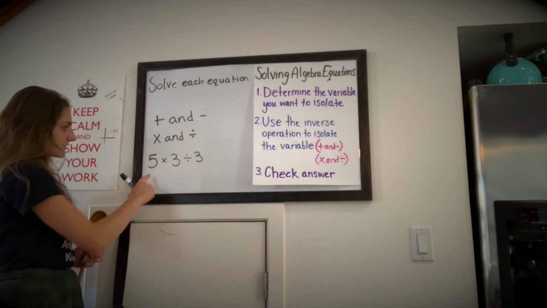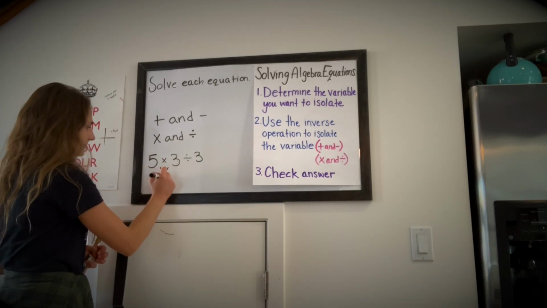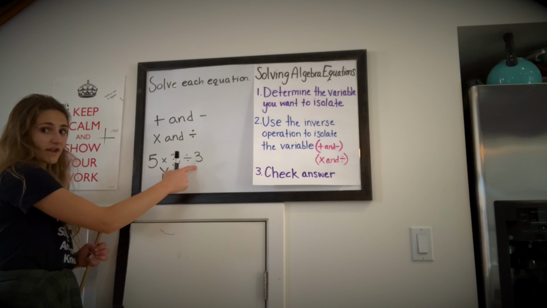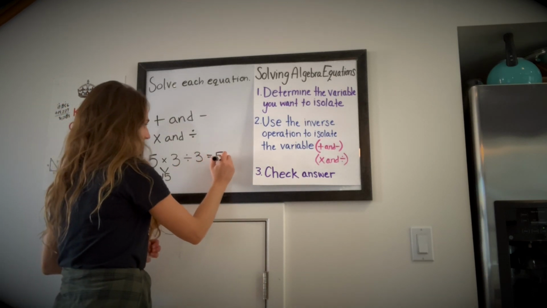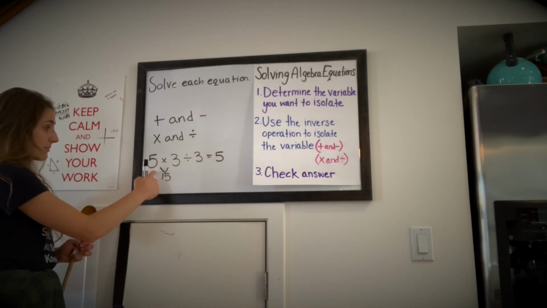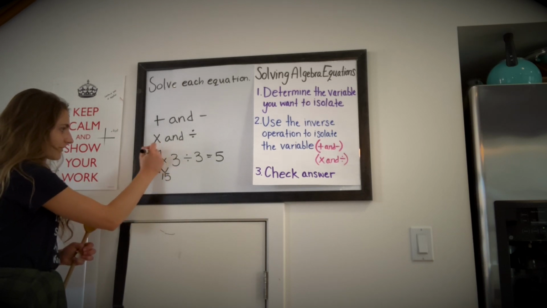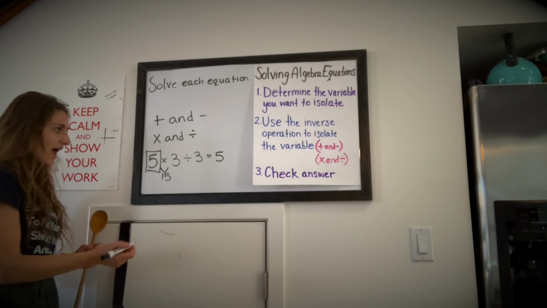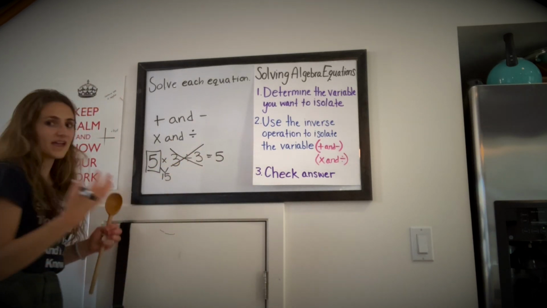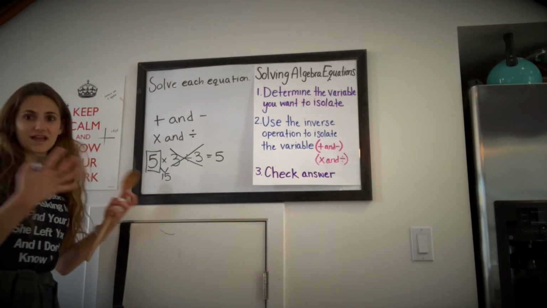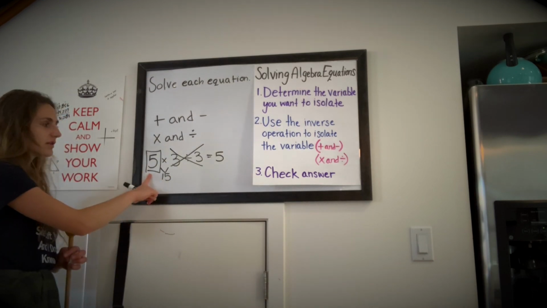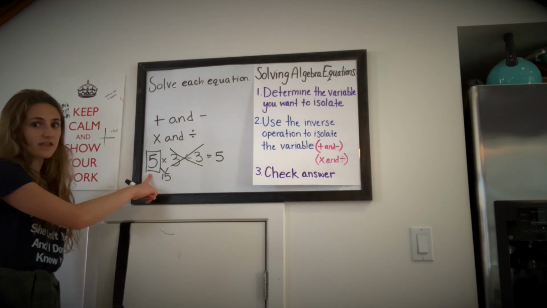Let's see what happens. 5 times 3 is 15. 15 divided by 3 equals 5. So if I multiply 5 by 3 and then divide by 3, I'm left with my same starting point. I'm left with 5. Multiplying by 3 and dividing by 3 are opposite, so they essentially cancel one another out, so we are left with what we originally started with, in this case 5.